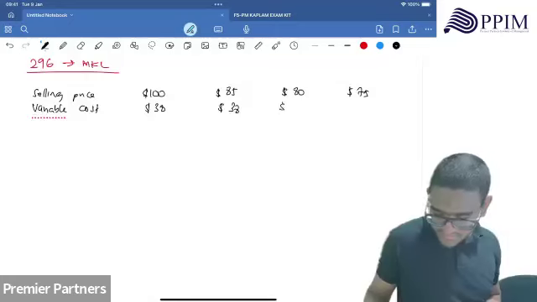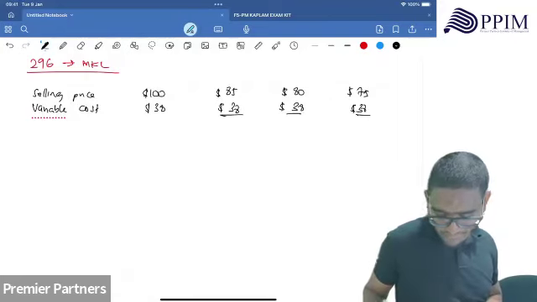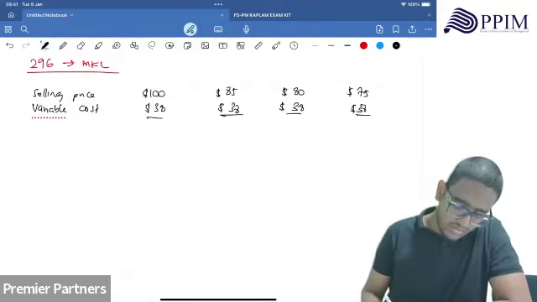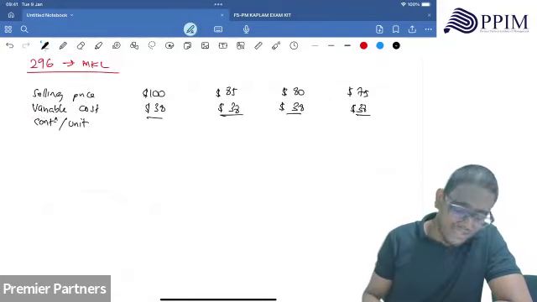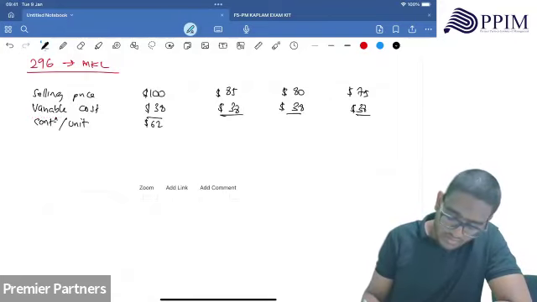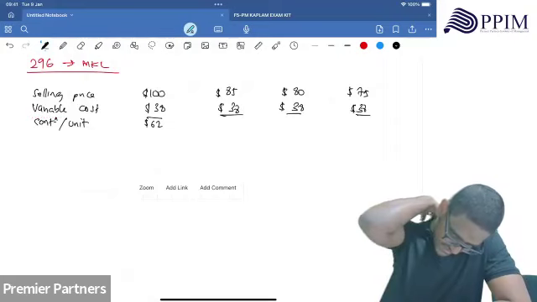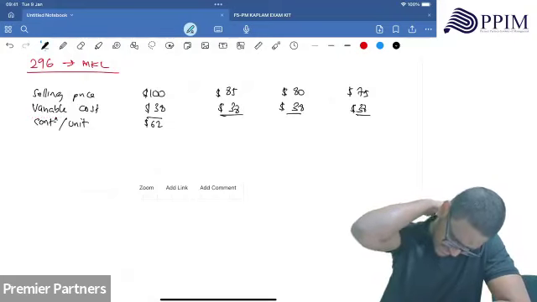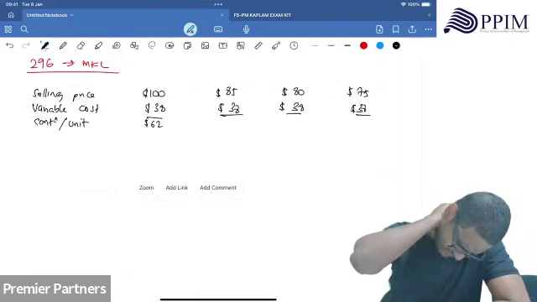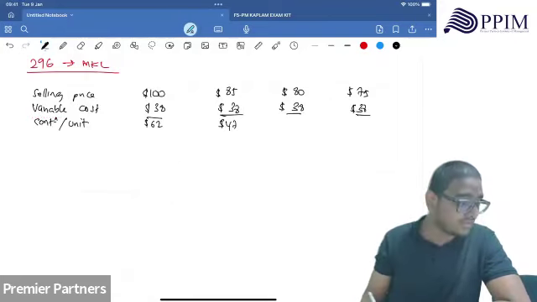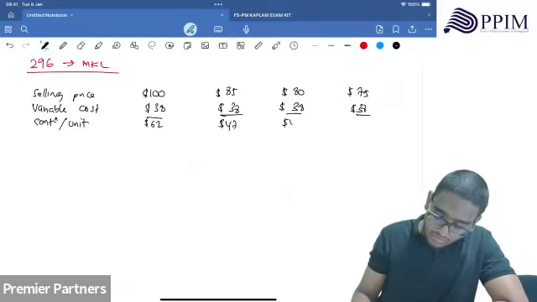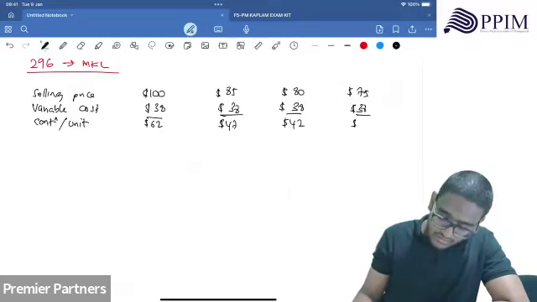So regardless of the selling price, the variable cost won't change. This will help you find contribution per unit. So 100 minus 38 is 62. 85 minus 38 is 47. This will be 42, and this will be 37.